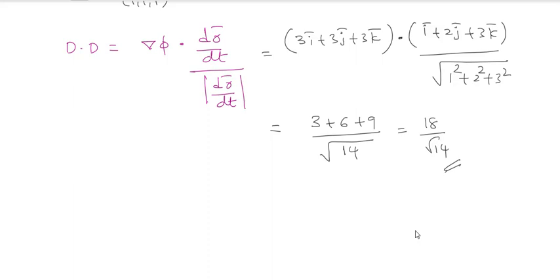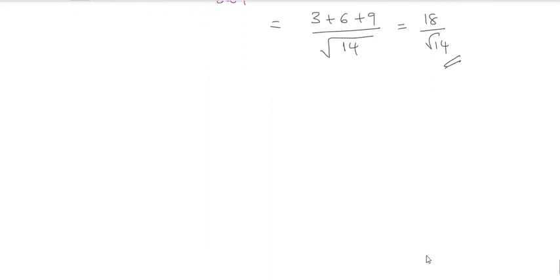Next, let me take one more problem based upon the previous questions. Let me take the value of the directional derivative. I am just giving this as homework, so you try to do this. You got the idea now.